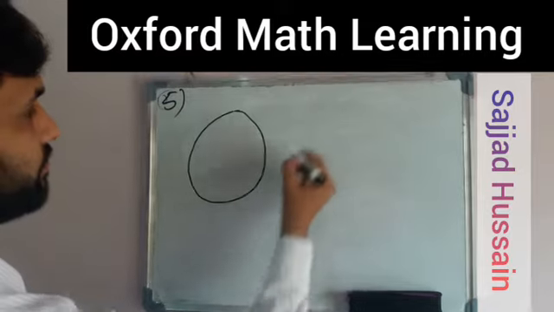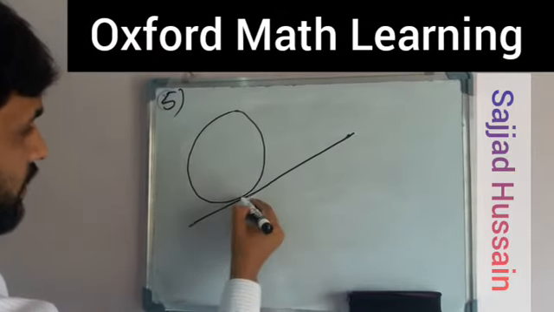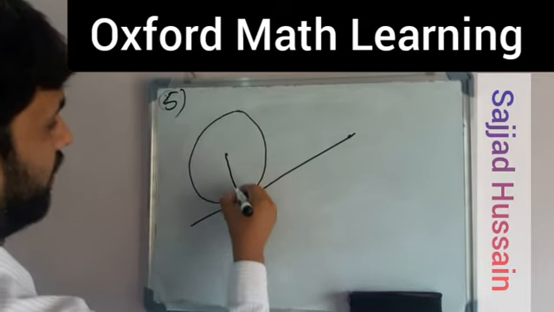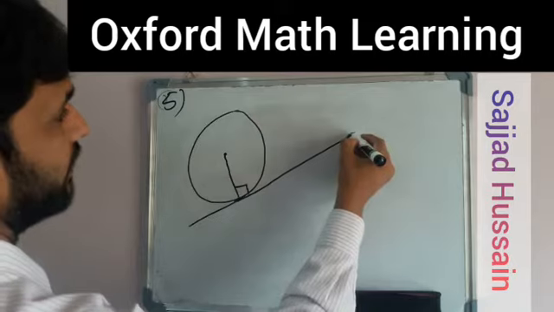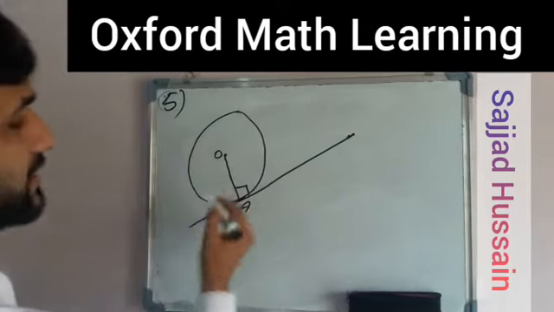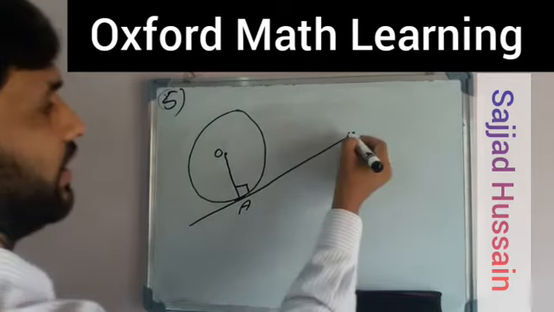A circle with a tangent makes 90 degrees with the radius. This is the center, this is point A, it makes 90 degrees with the radius line, always.